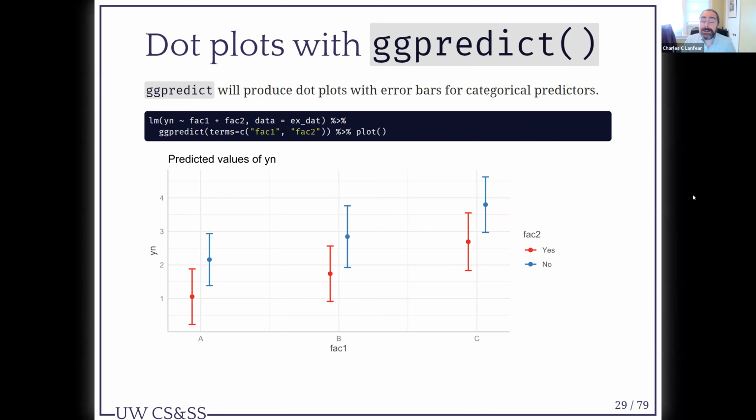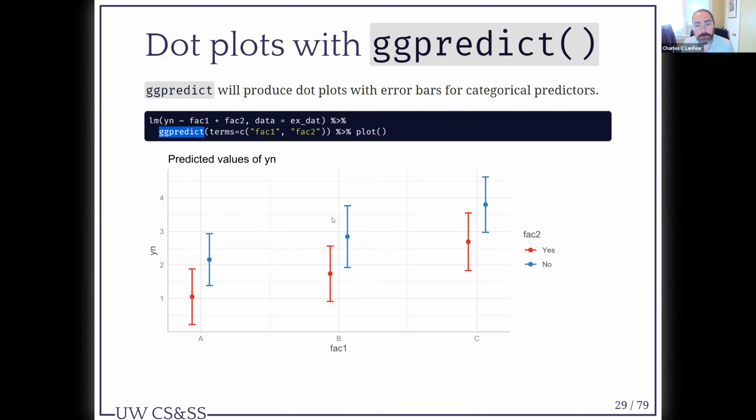So another thing, ggpredict does not only do line plots. ggpredict is smart. So if I do something like this, run a linear regression of y on 2 factor variables, and then say ggpredict my terms equals 2 factor variables, it doesn't make sense to plot a line plot over a factor. It's categorical data. ggpredict knows this. So instead, it spits out a dot plot with error bars when you give it categorical predictors.